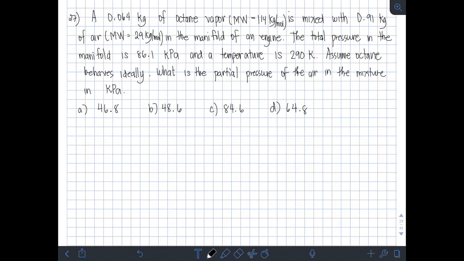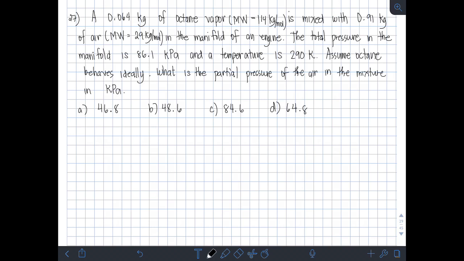Okay? Next, we have a 0.64 kg of octane vapor with molecular weight equal to 114 kg per mole mixed with 0.91 kg of air with molecular weight equals 29 kg per mole in the manifold of an engine.